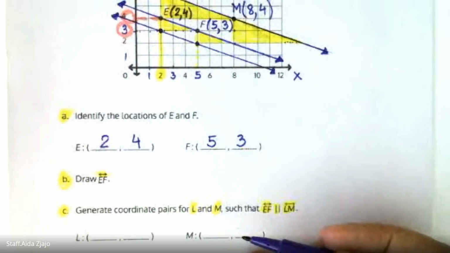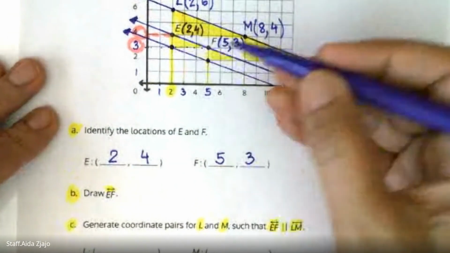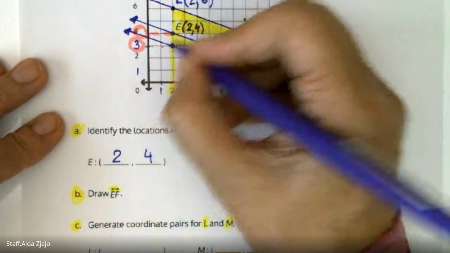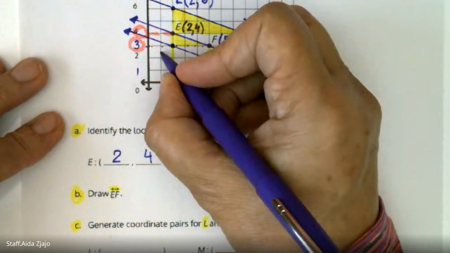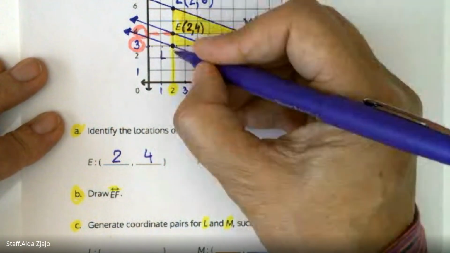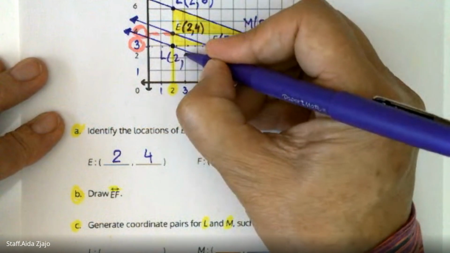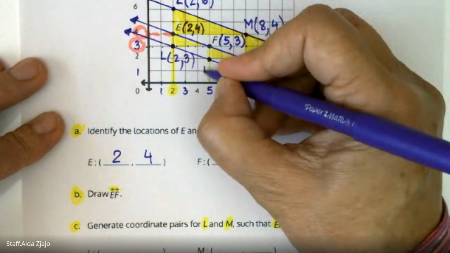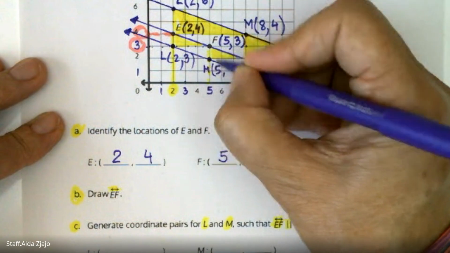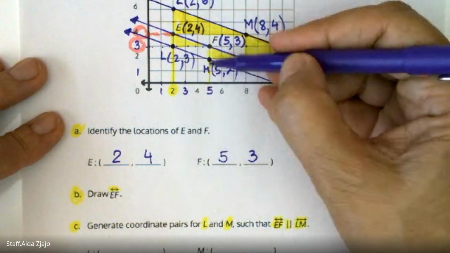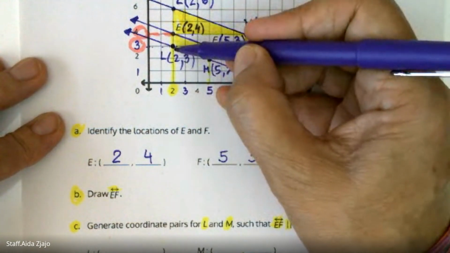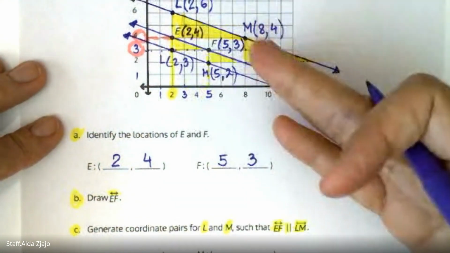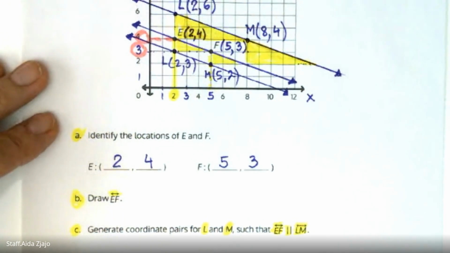If I choose to use these here, the points would be L is (2, 3), and then M would be (5, 2). So (5, 2) and (2, 3) would be parallel lines. So all these 3 lines are parallel to each other.